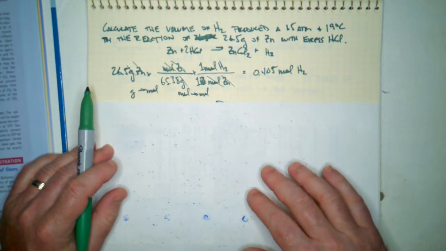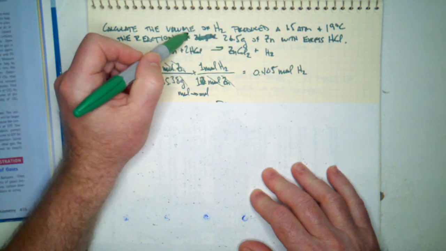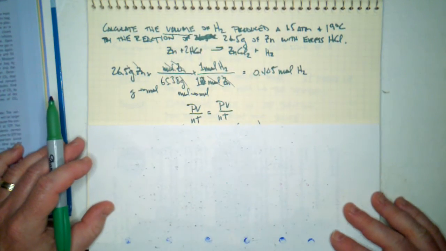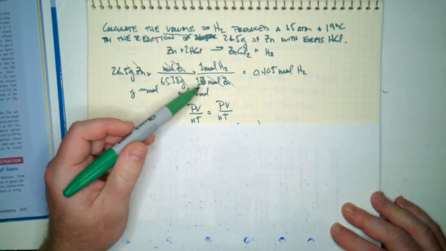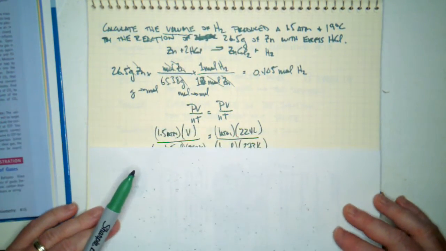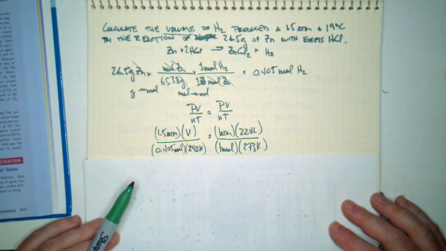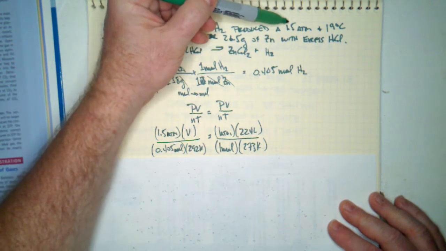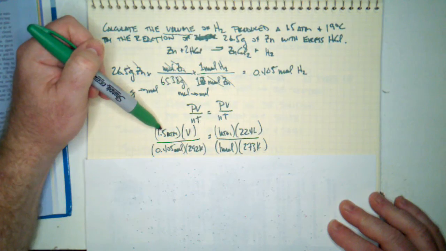Now we can't stop there because it's asking us for the volume. This is why it's important to understand what you're looking for. So I can use the ideal gas law: PV over NT equals PV over NT. I then substitute in what I know. The pressure, 1.5 atmospheres.